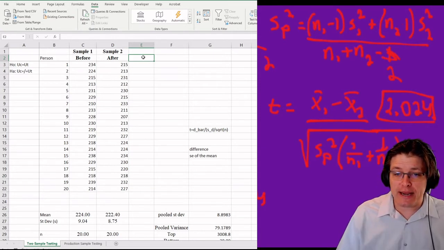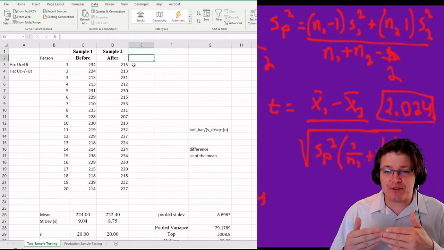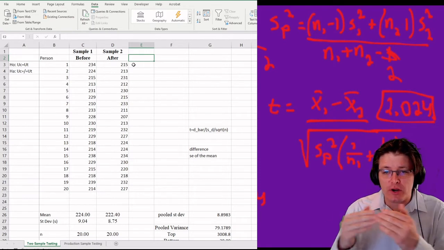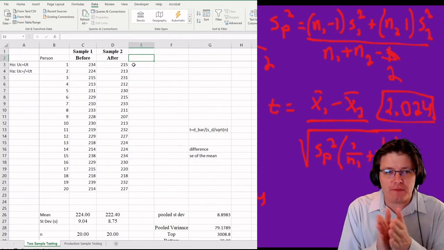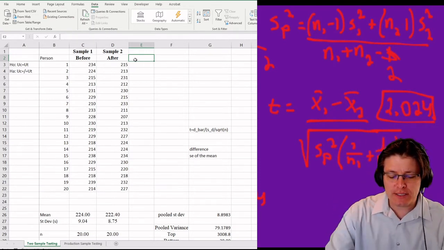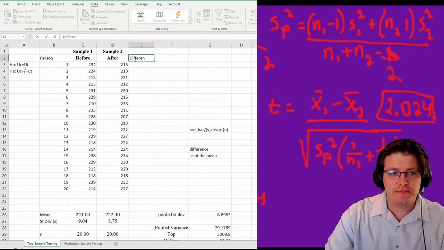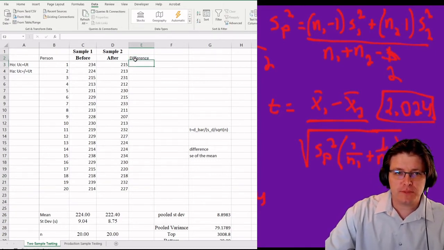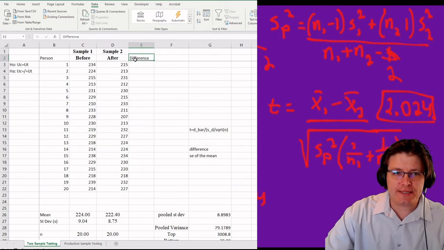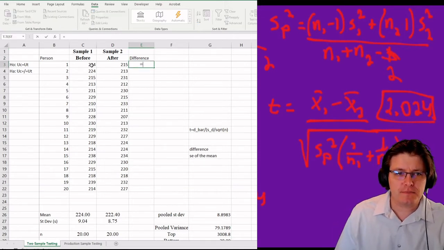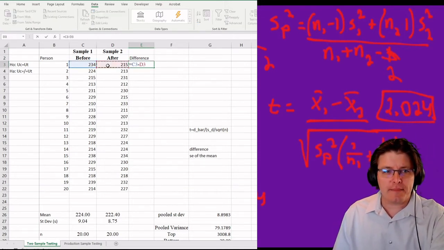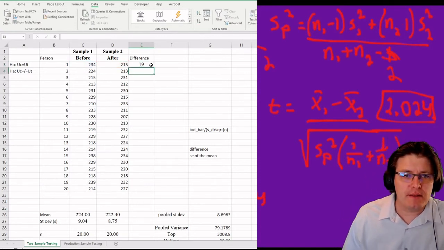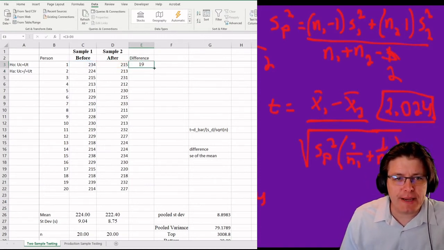So to use that information, we're going to connect these observations. So person 1 is, we're gonna smush together the information from person 1, and we're gonna simply consider this a difference. Okay, we could think of it as the weight loss, and it's not going to matter which one we put first, but this person lost 19 pounds.